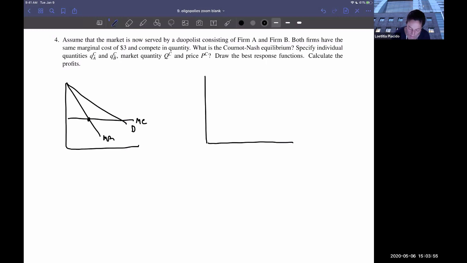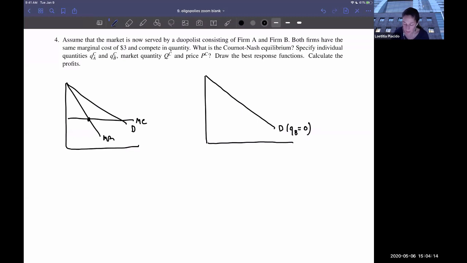Okay, so let's draw the market demand here. And I'm going to say that this market demand is the market demand that firm A faces when firm B produces 0.